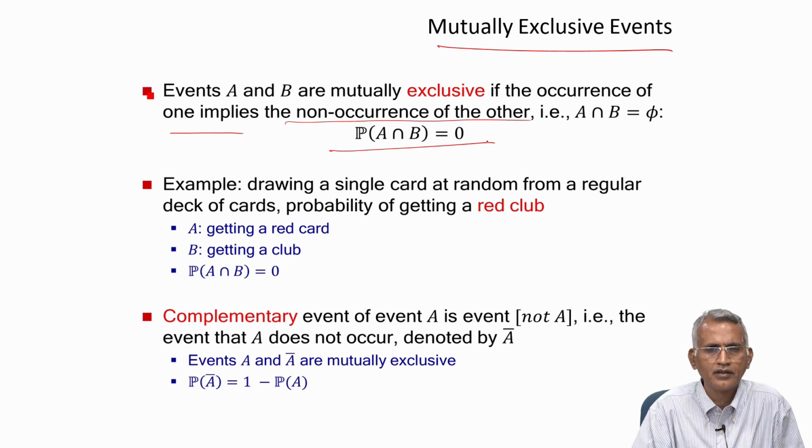For example, drawing a single card at random from a regular deck, the probability of getting a red club: A is getting a red card and B is getting a club, and taking the intersection, the probability of A intersection B equals 0.